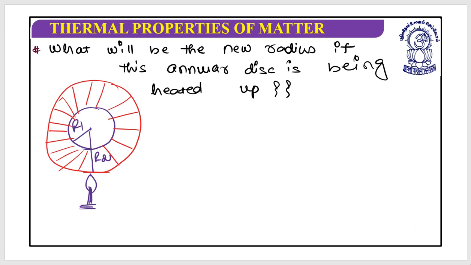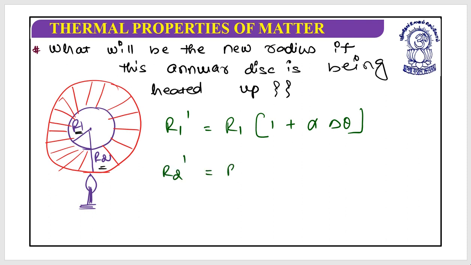So when I understand this, I understand that both are going to increase. And when I say both are going to increase, I must say R1 dash equals R1 into bracket 1 plus alpha into delta theta. And R2 dash should be equal to R2 into bracket 1 plus alpha delta theta.